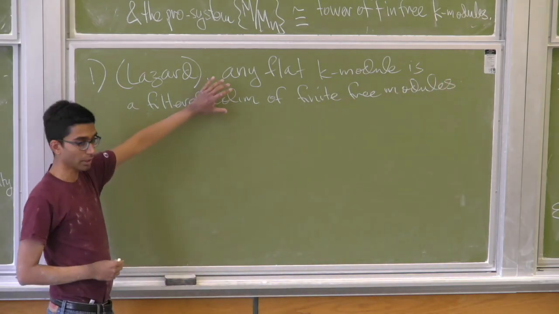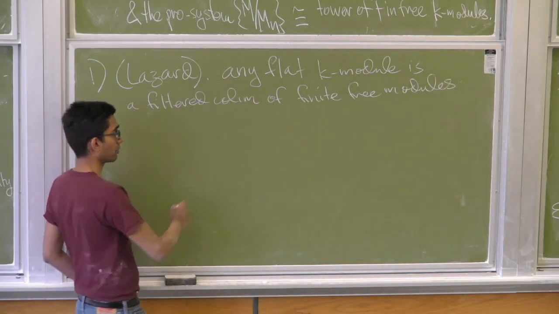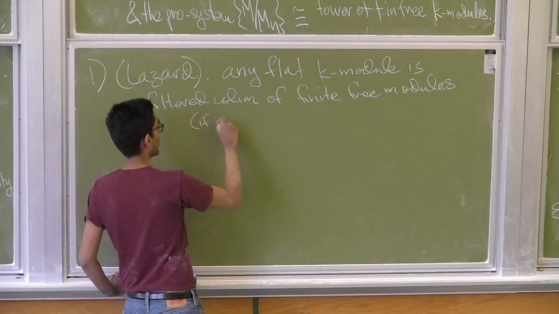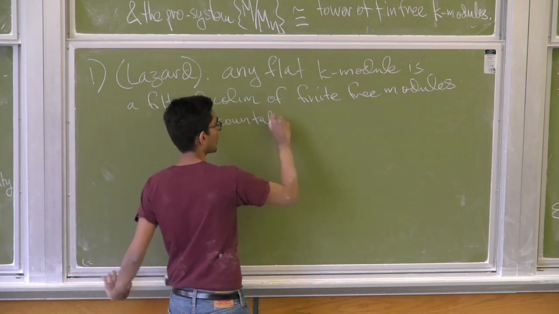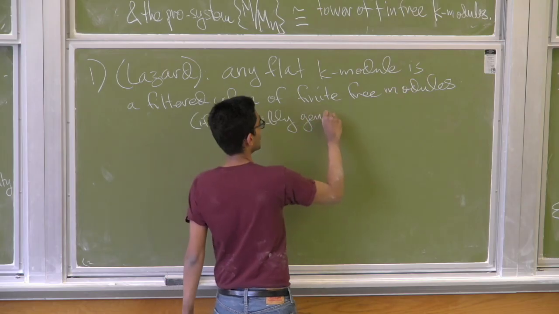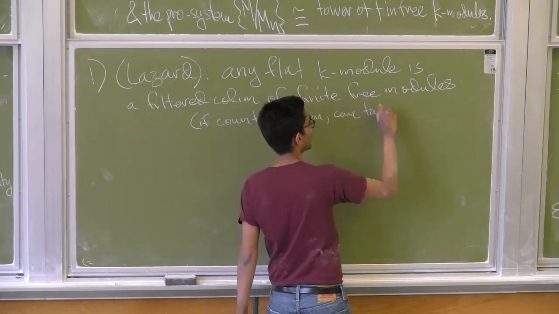And if it's countably generated, then you can arrange it to be a sequential colimit.